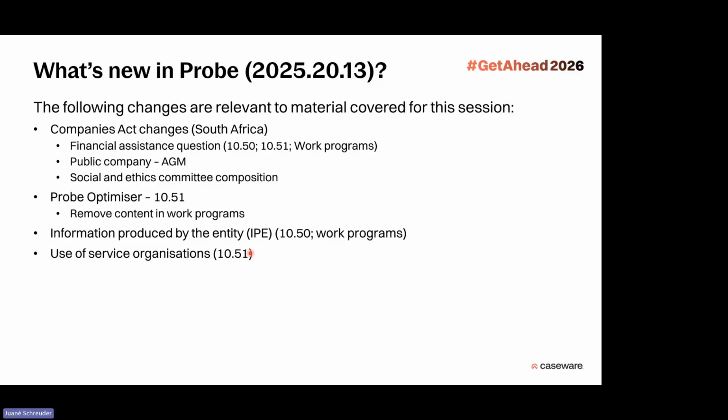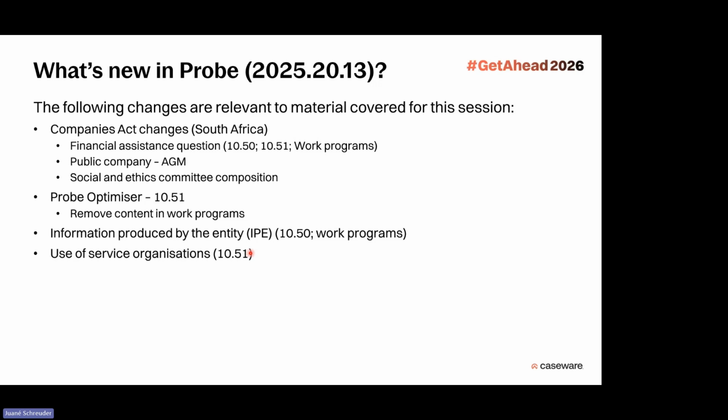They don't have that system all by themselves in their own business. Then we will, as auditors, have to consider to what degree we're going to rely on the service organization and apply some requirements there.